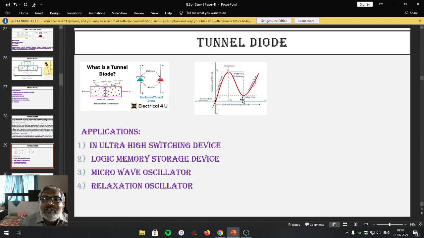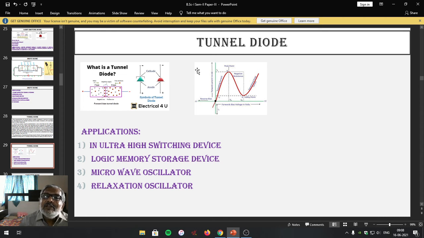So this is the point which we can call the valley, where voltage is maximum but current is minimum. After this particular point, again an increase in voltage increases the current passing through the PN junction diode. Such characteristics are obtained as far as the tunnel diode is concerned.